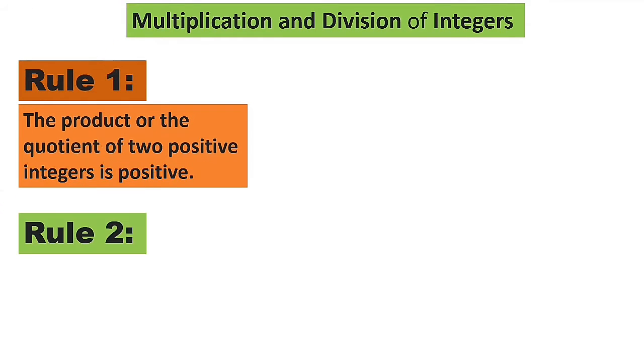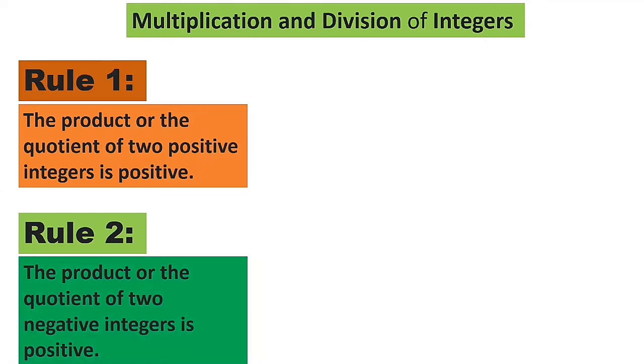Rule number 2. The product or the quotient of two negative integers is positive. So negative times negative is equal to positive. Negative divided by negative is equal to positive.